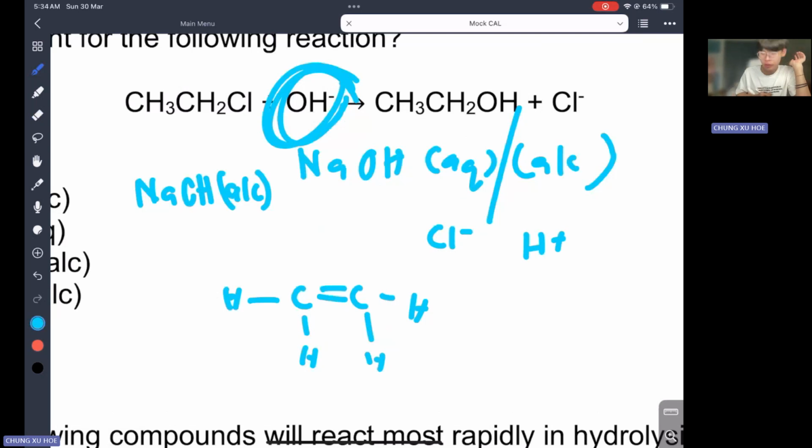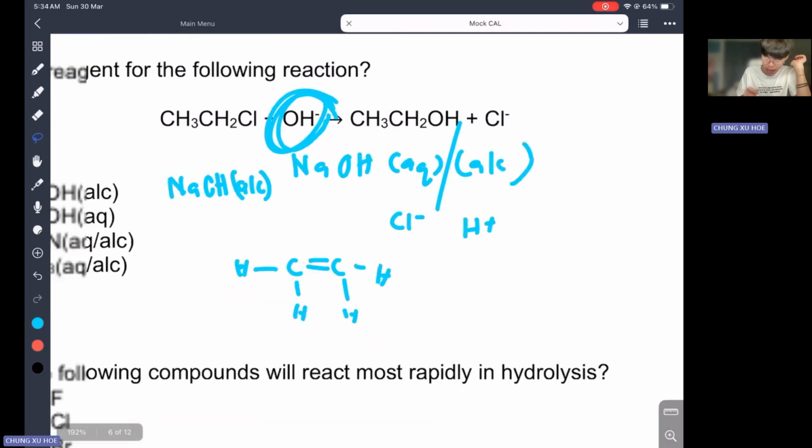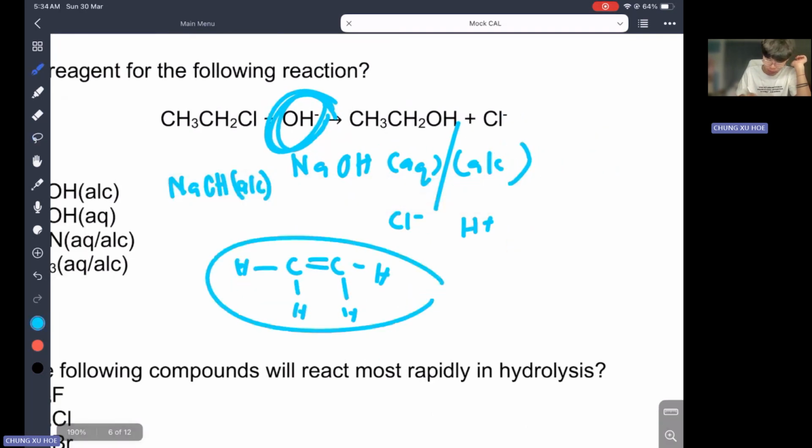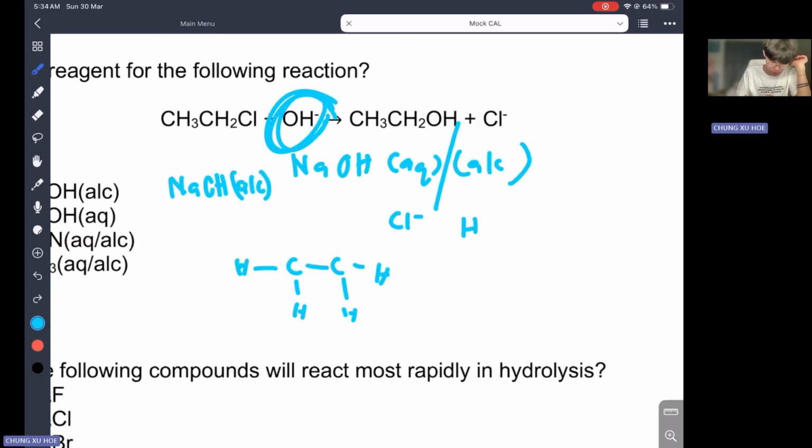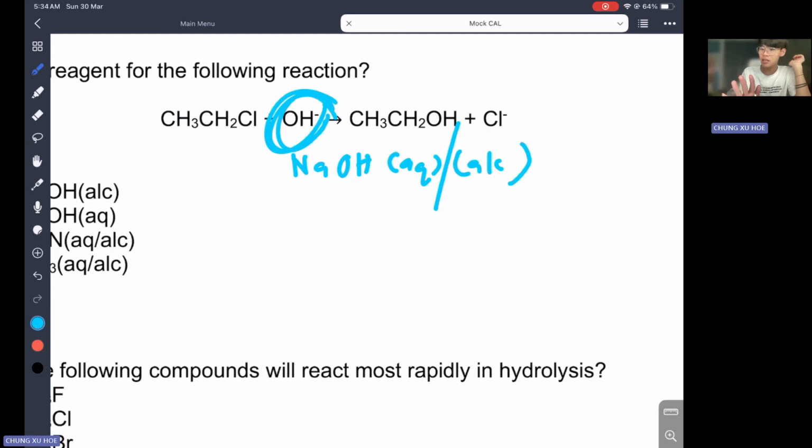Then here becomes a double bond. But the OH does not combine with any part here. So this is elimination, and you will form a double bond. If you are talking about NaOH in water, aqueous, it's a different case.